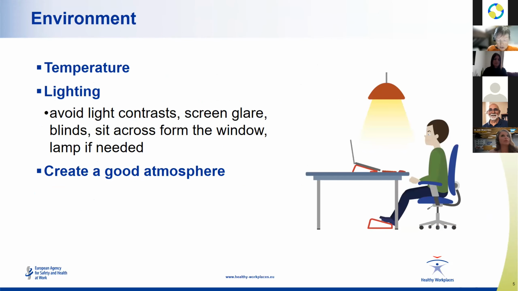Just as in the office, attention needs to be paid to temperature, adequate lighting, avoiding sources of glare, and creating a good work atmosphere that's free from noise. Although background music can help you work, especially if you're alone at home.